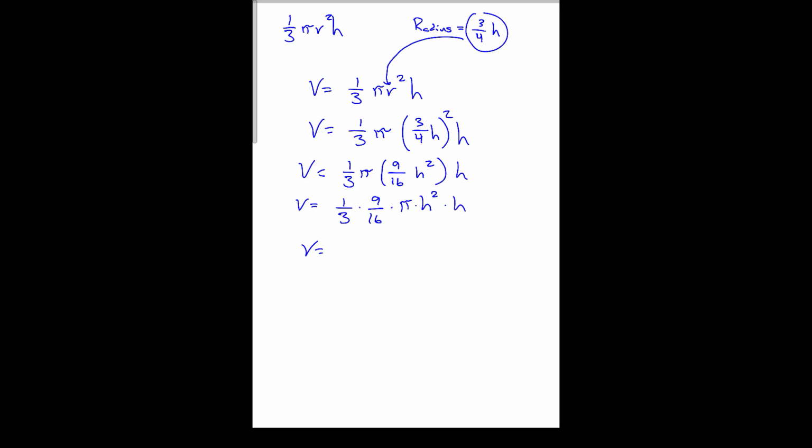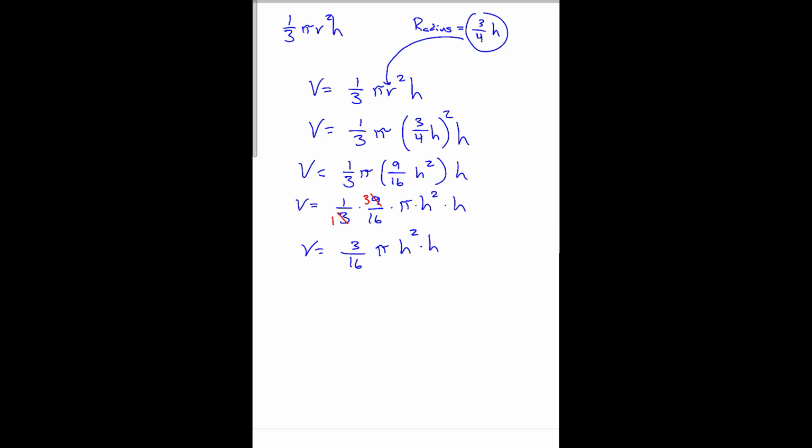Well, if you want to reduce the fraction right off the top, I would actually recommend that. So the 3 and the 9 can both be reduced by 3. So that would turn to a 1, and that would turn to a 3. So now we have 3/16 pi h squared h.